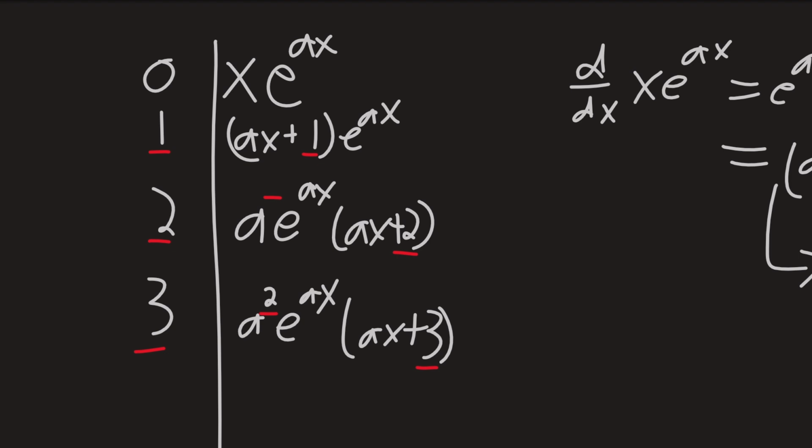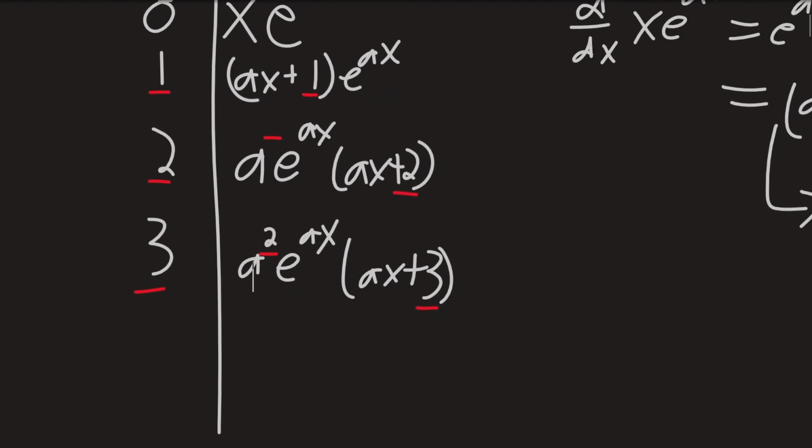So based on this, we can be very tempted to write the rule, and rightfully so actually, for the nth case, which would just be a to the n minus 1 times e to the ax times ax plus n. That's going to be our general rule, but we should probably actually prove it, so let's go do that.